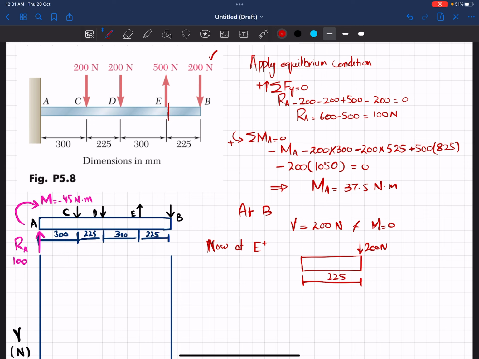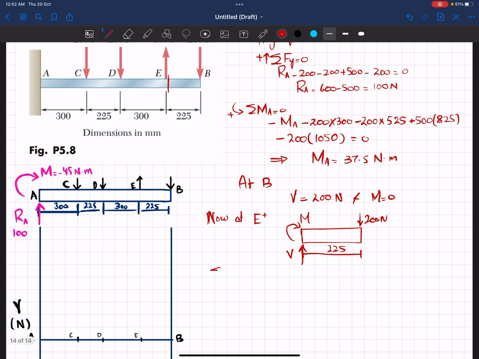When you cut it over here, there will be a shear force V and a reaction moment M. Now we apply the equilibrium condition. The sum of all forces along the y direction must be equal to 0, taking upward force as positive, in order to find this shear force V.